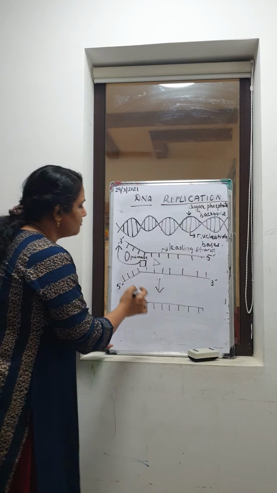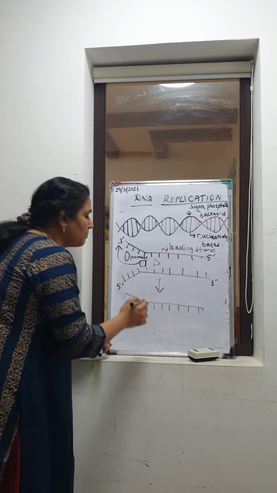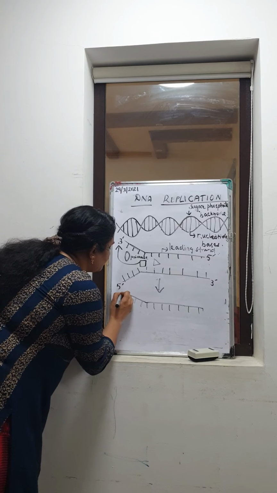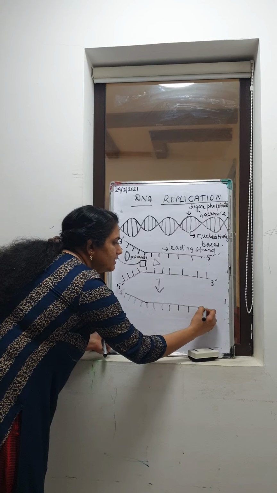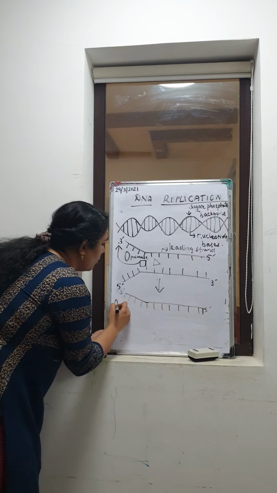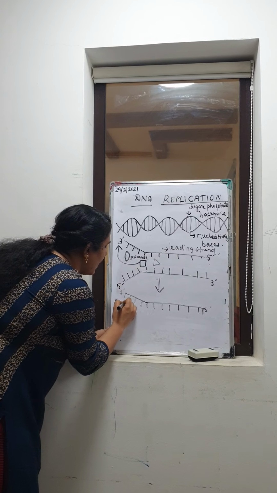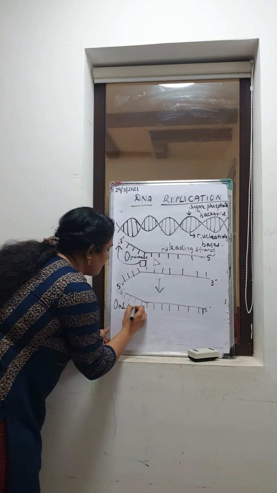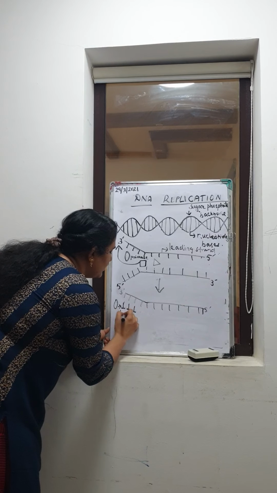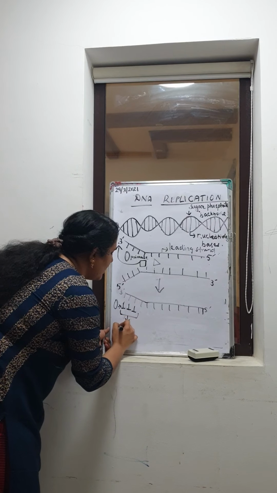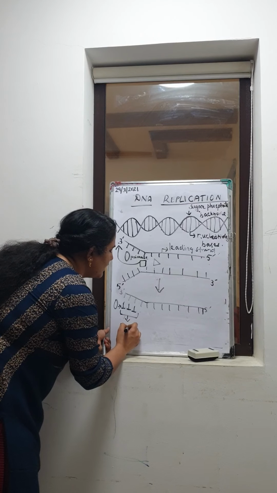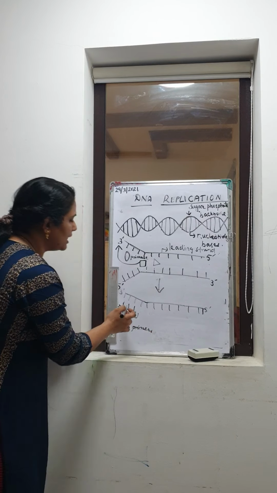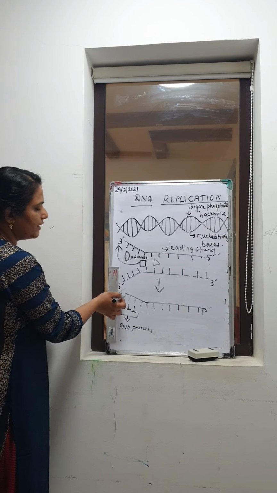First of all, on the leading strand, the primase will go and act. This is 3' and this is 5'. Primase will add some primers, which are called RNA primers. This DNA polymerase cannot simply add its nucleotides from here.